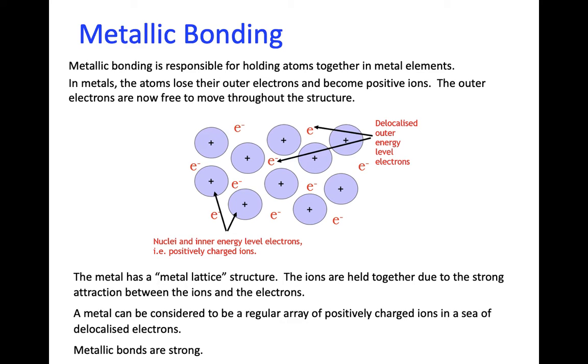So the attraction, even though the electrons are moving between ions, is holding the metal element together. Your definition for a metallic bond is a regular array of positively charged ions in a sea of delocalized electrons. And once again, your metallic bonds are very, very strong.